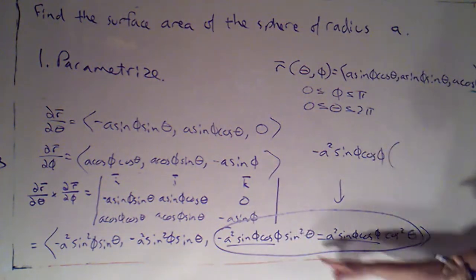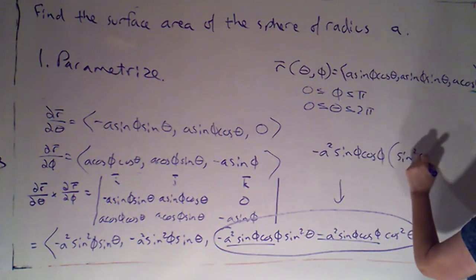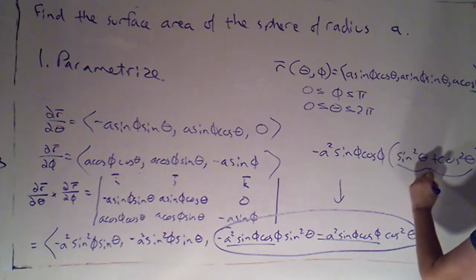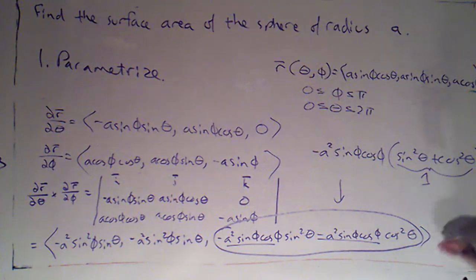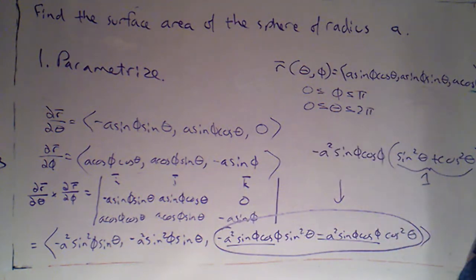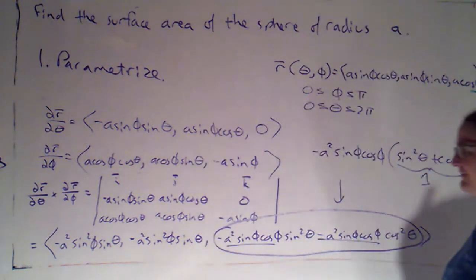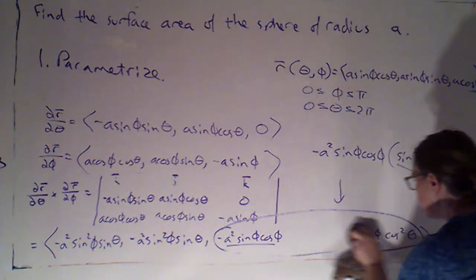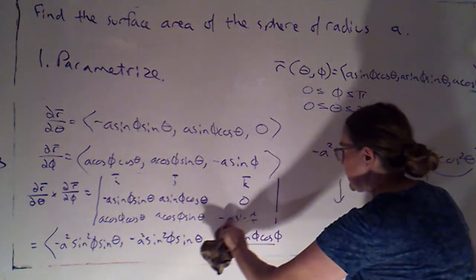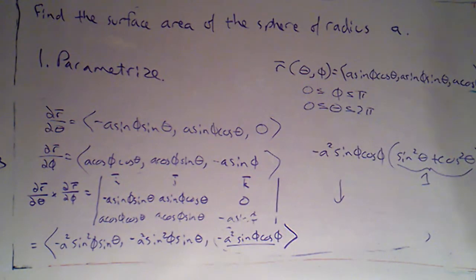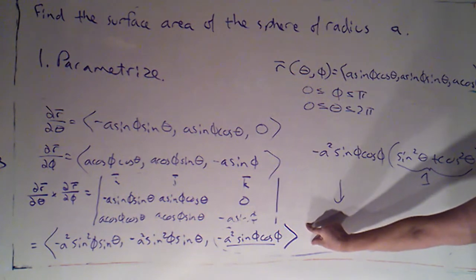What it's multiplied by is sine squared theta plus cosine squared theta, but that's just 1. So all of this collapses down to just being negative a squared sine phi cosine phi. So I think what I'm going to do is just simplify that like so. So there's my cross product.